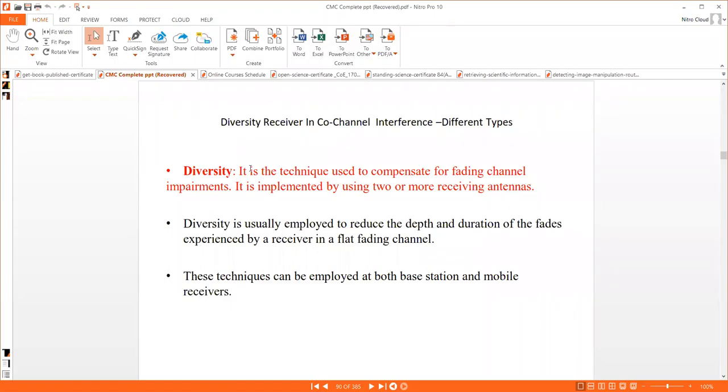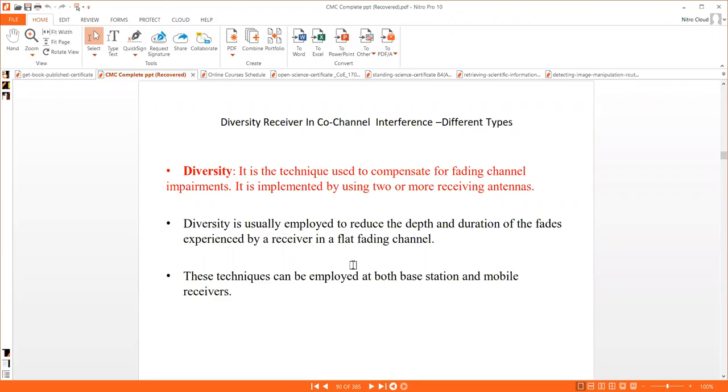For this purpose, diversity is used, and it is implemented using two or more receiving antennas, just like what we have seen in cell splitting technology. Not exactly just like. Here we use multiple receiving antennas. Diversity is usually employed to reduce the depth and duration of the fades experienced by a receiver in a flat fading channel.